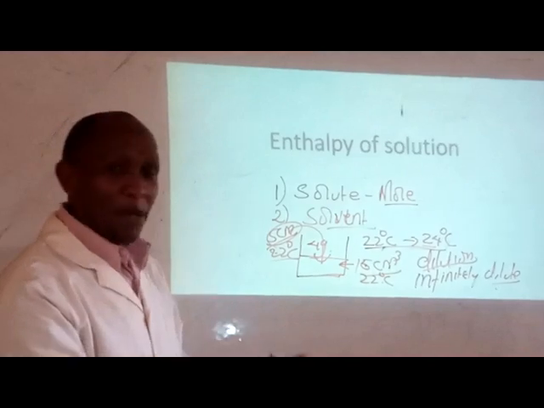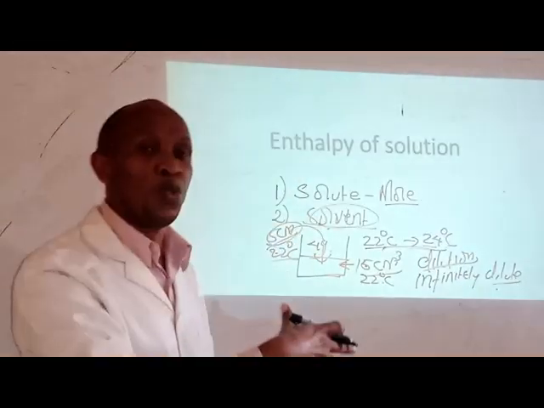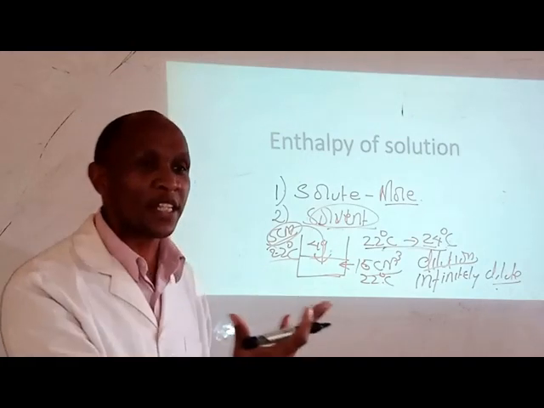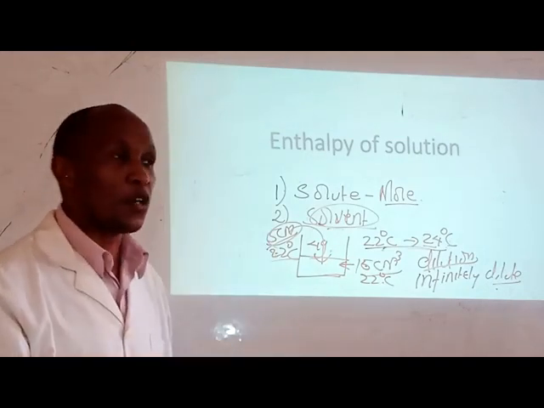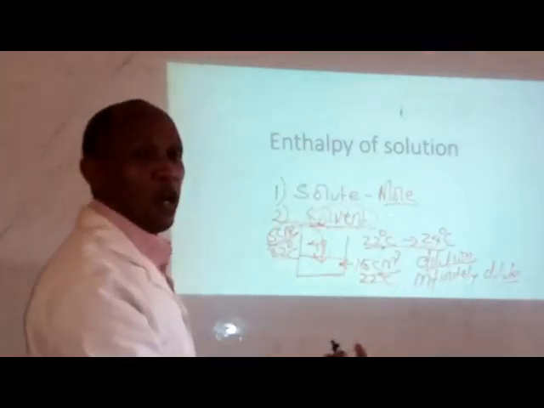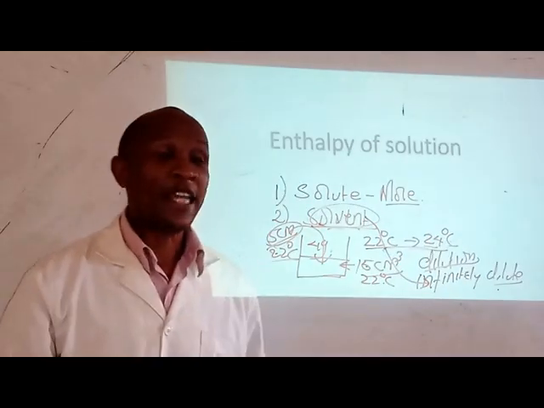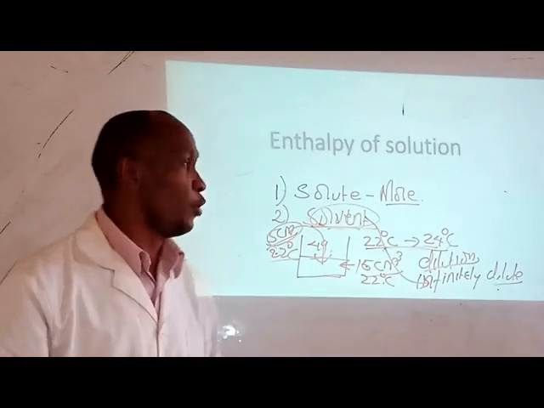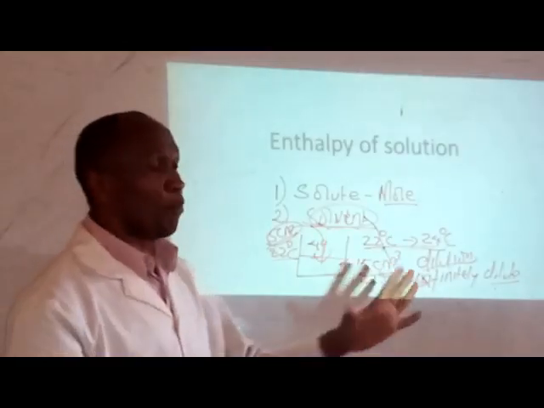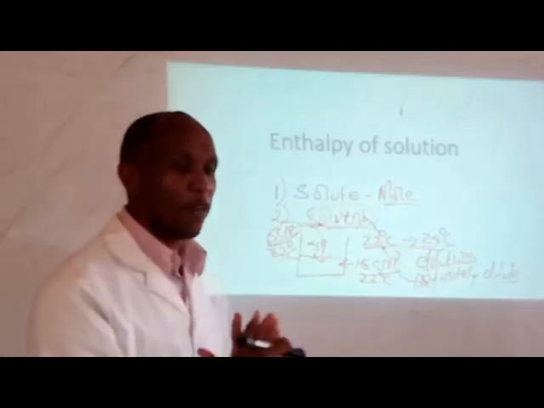So the amount of solvent chosen is not a liter as we did in the mole, not 100 grams as we did in solubility. I'll add so much water so that I can get an infinitely dilute solution. When I get to that point, then I can talk of the enthalpy of solution of a substance.